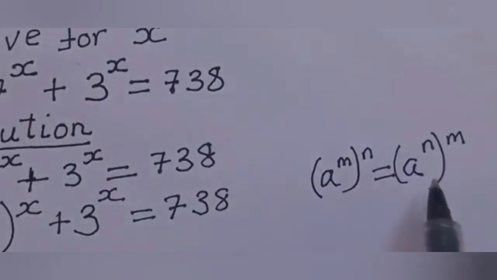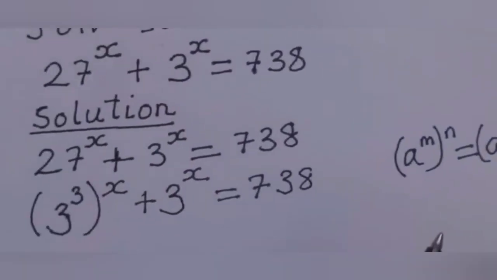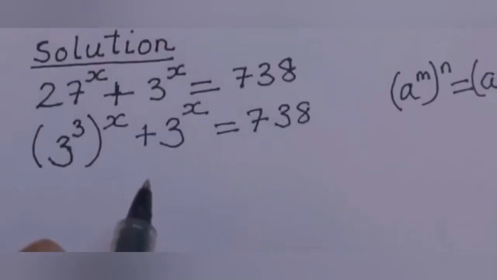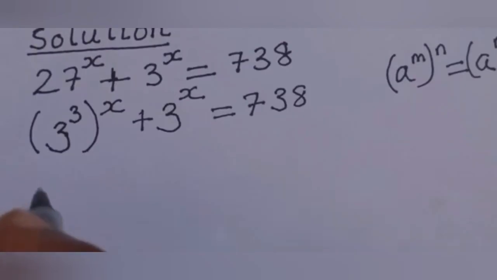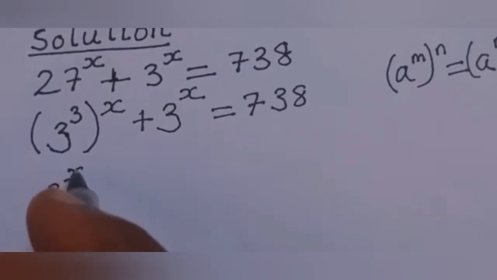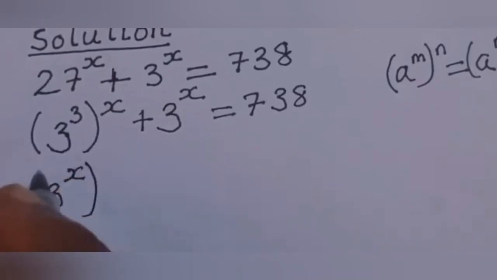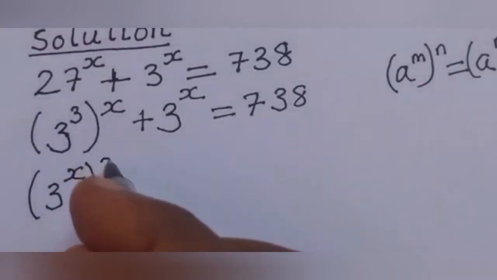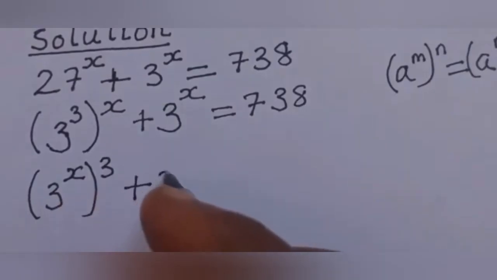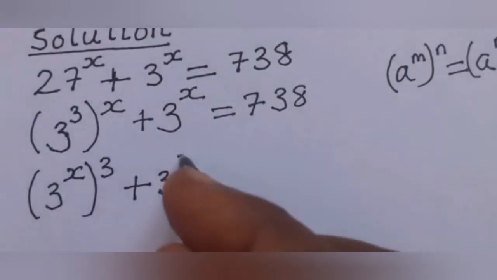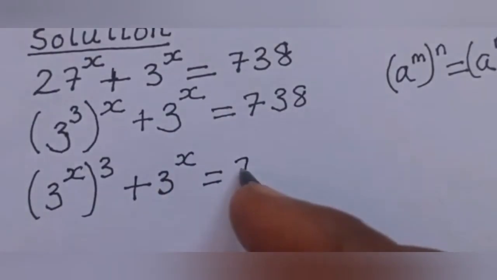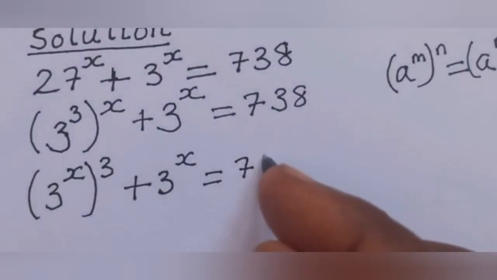So the same rule will be used here. We can write 3 power x in the bracket power 3, plus 3 power x equals 738.